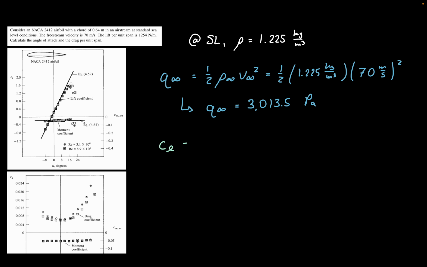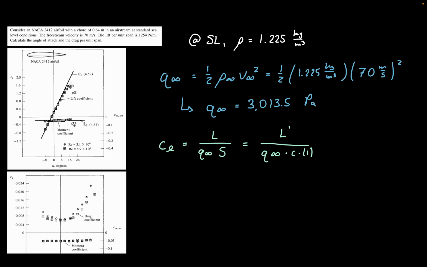So we can say that CL is equal to L, or lift, divided by dynamic pressure times the surface area of the wing. But in this case, we have the lift per unit span instead of the lift. So what we'll have to do is denote the lift per unit span as L prime, and we'll divide by q infinity, the dynamic pressure, as the same. But then for the surface area of the plane, we'll actually break that up into the chord length times 1. So then the units will line up.